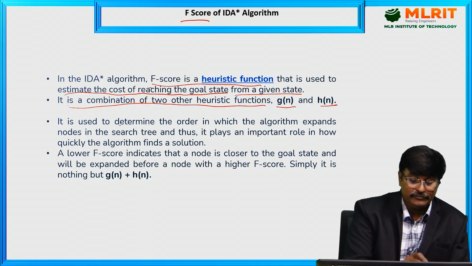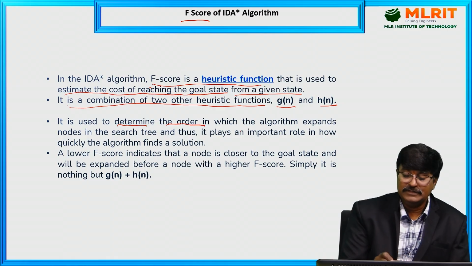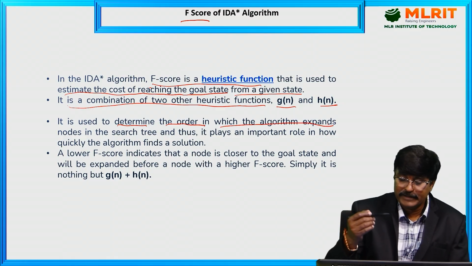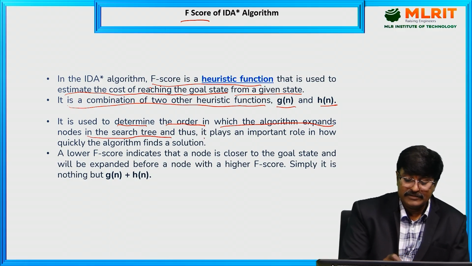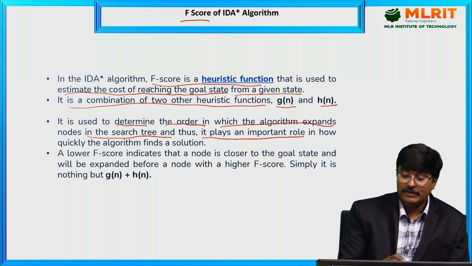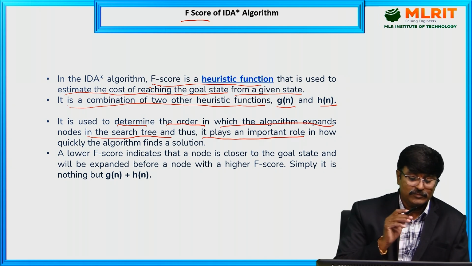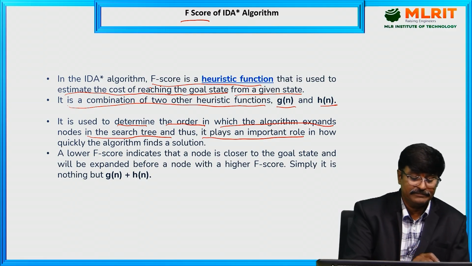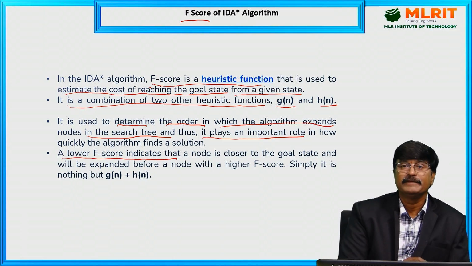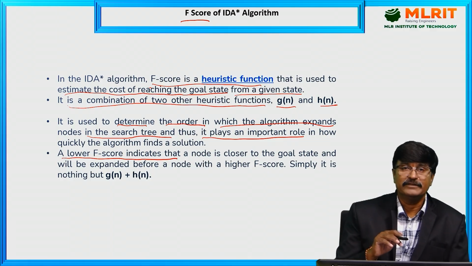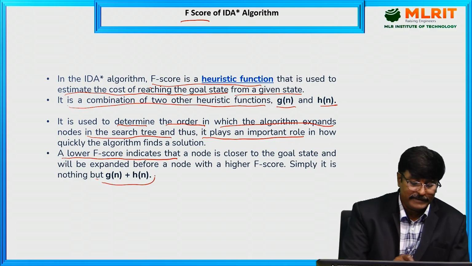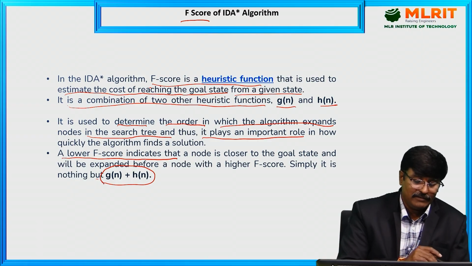It is used to determine the order in which the algorithm expands child nodes in the search tree, and thus it plays an important role in how quickly the algorithm finds a solution. Only the most promising nodes are explored. A lower F score indicates that a node is closer to the goal state, and it is expanded before a node with a higher F score. Simply, the F score is g of n plus h of n.